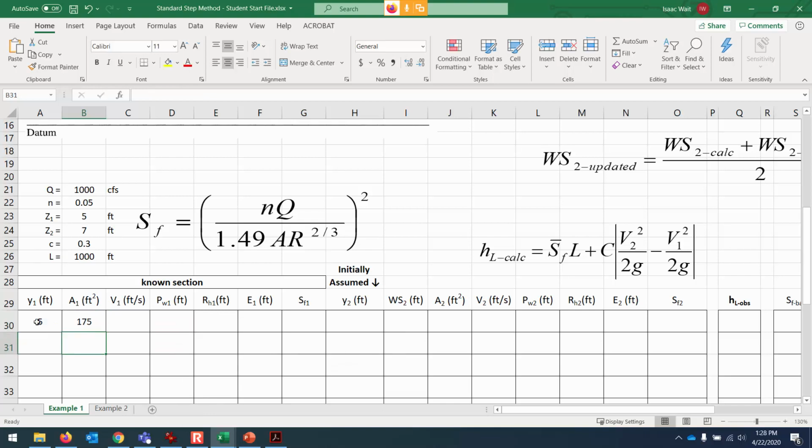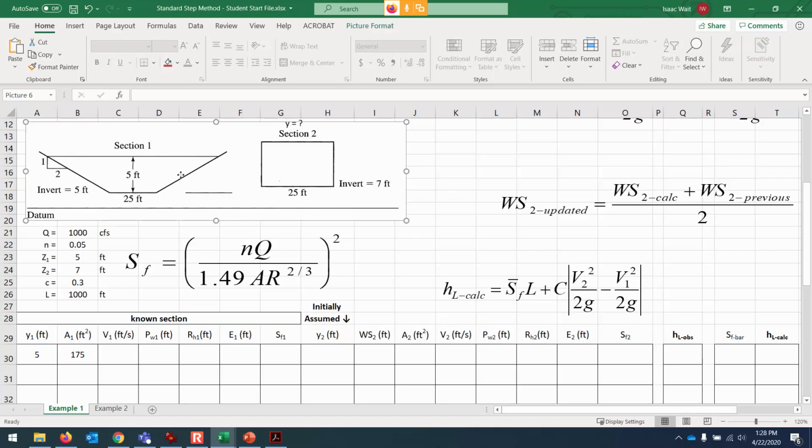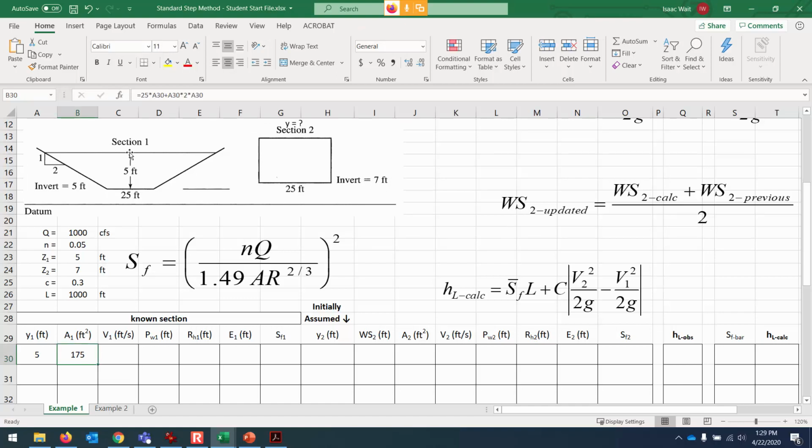I guess I could put in just the strict numbers, but if you're wondering where that comes from, we just want to know what's the cross-sectional area for section 1. So 5 times 25 gives you the rectangular part of it, and then we have these two triangles on either side with a height of 5 and a top width of 10.